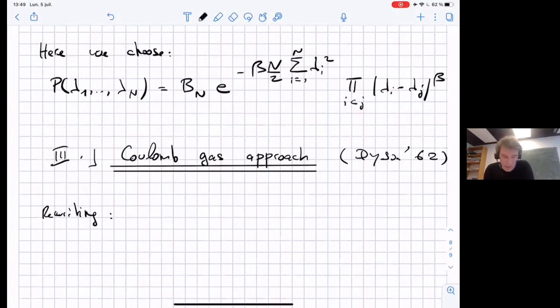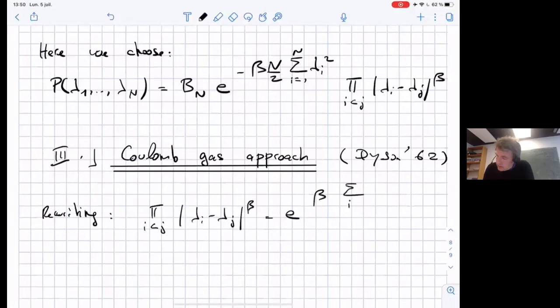So I will start by rewriting this guy as exponential of, say, beta, sum over i less than j. There's nothing really here, right?